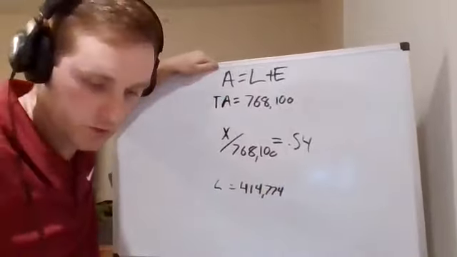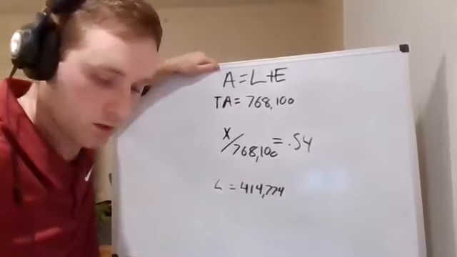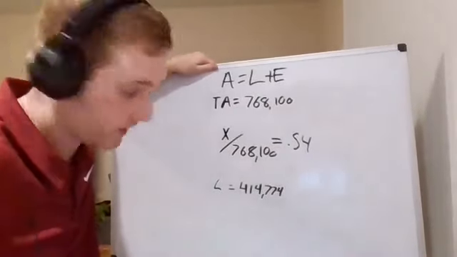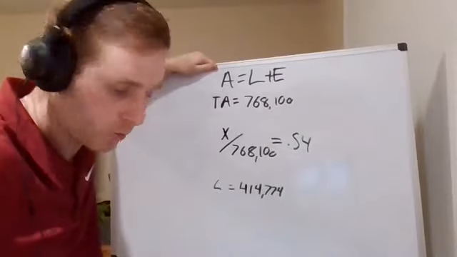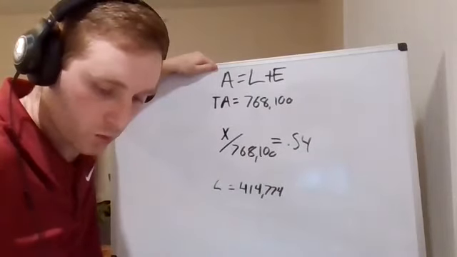So what I'll do is 768,100 minus 414,774.